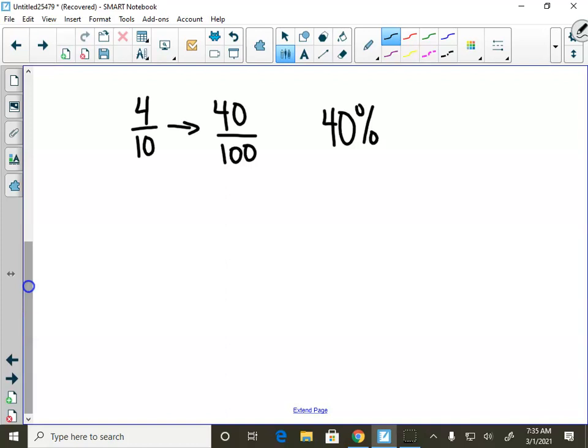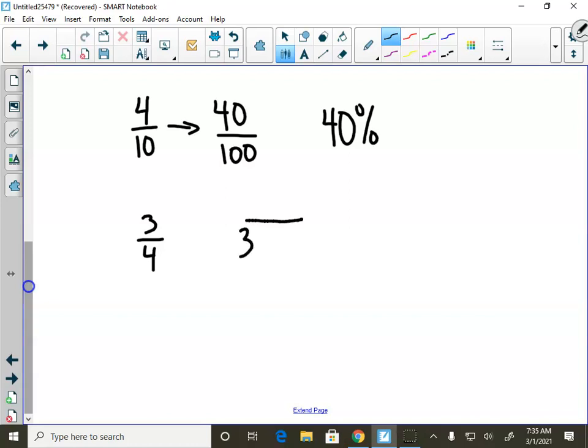But what are we going to do when we have a number that's not out of 100? Like, let's say that we have, well, we'll do one that you know, 3/4, just so we could see how to do it. So what we'd have to do with this is we would have to divide it out.